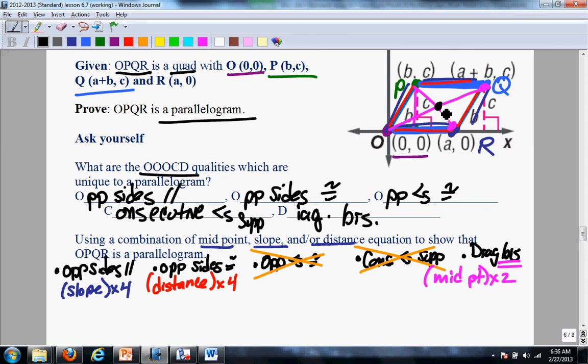So that's the method I'm going to go with. It's the shortest. So the diagonals are, there's one diagonal, which is O to Q, and we're going to find the midpoint that way. And then here's the other diagonal, P to R. For both of these, we're going to find the midpoint.